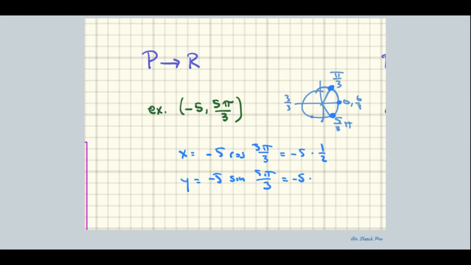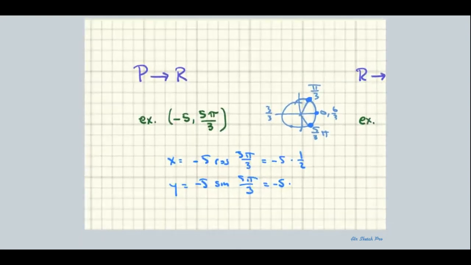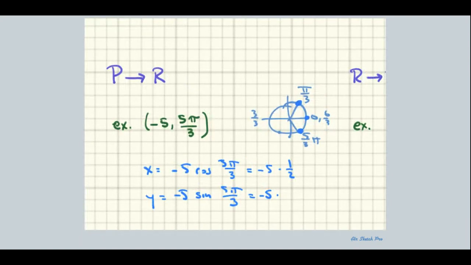The y-coordinate, well, what's the y-coordinate pi over 3? Root 3 over 2. Yeah. You can just say root 3 over 2.